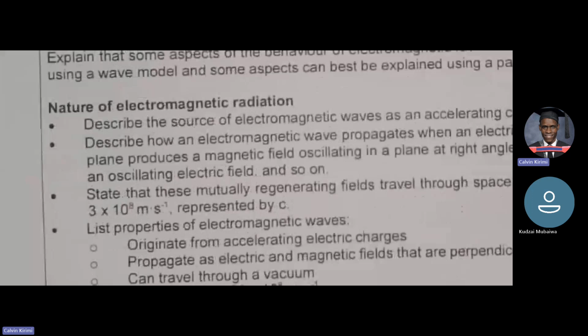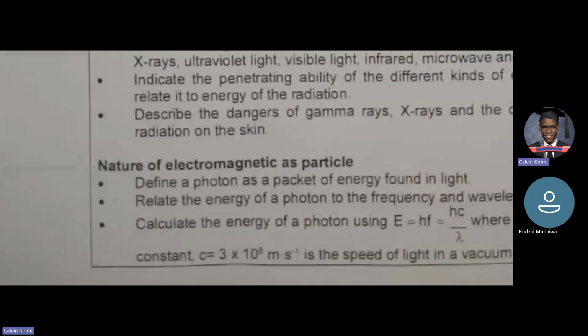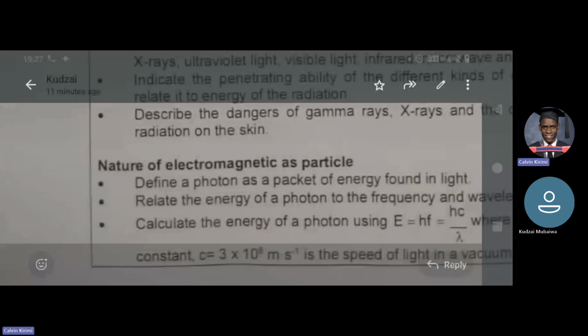When light is behaving as a wave, then v will be equal to f lambda, where v is the speed of light, then the frequency and the wavelength. Then we will be able to calculate some of these values, like f. So if you are given the energy, and the Planck constant is given, let's do it in terms of calculating so that you can understand.